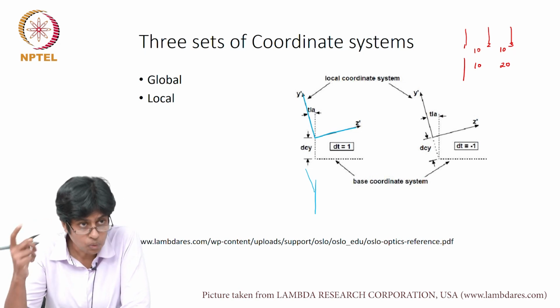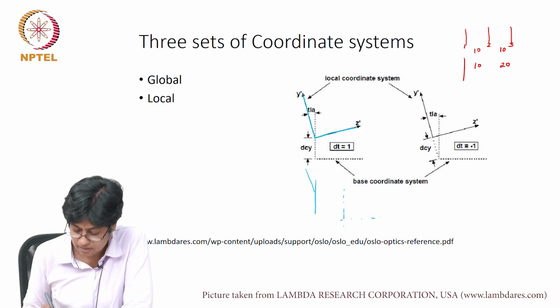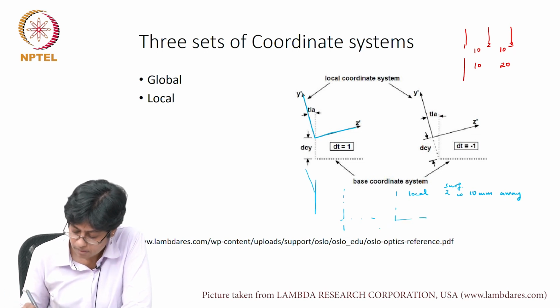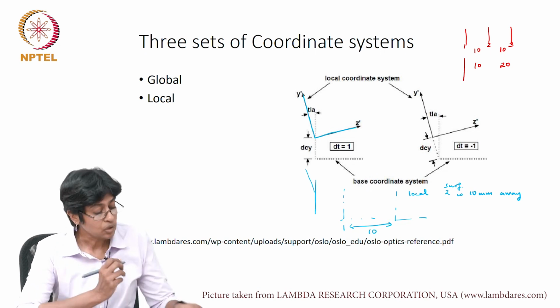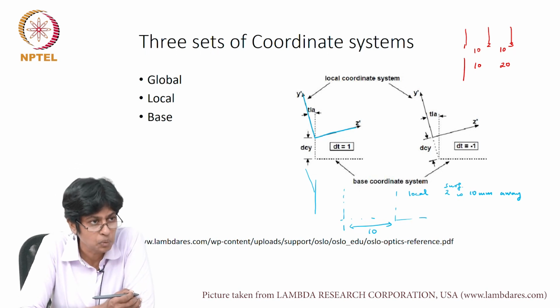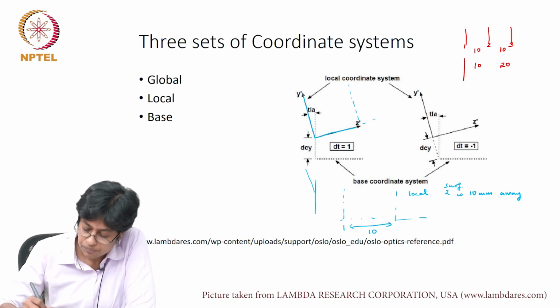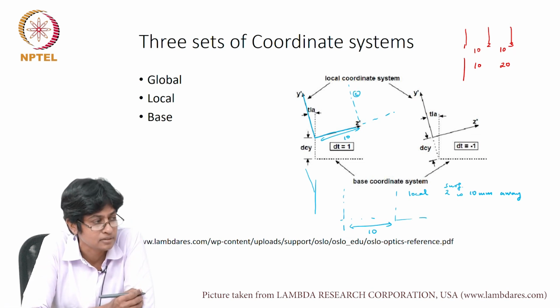If I use the local coordinate system, let's say this is surface 1, and I say surface 2 is 10 millimeters away, it's going to be 10 millimeters like this. Okay. I could, on the other hand, say I won't use the local coordinate, I will use the base coordinate, and then surface 2 is going to be 10 millimeters away like this.